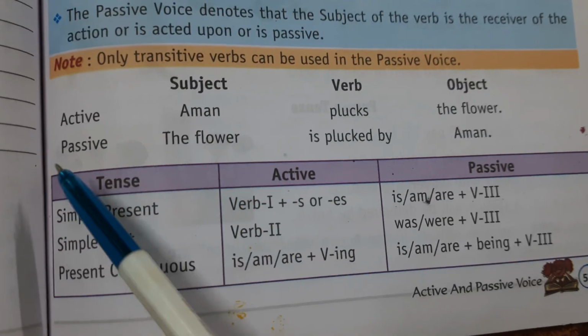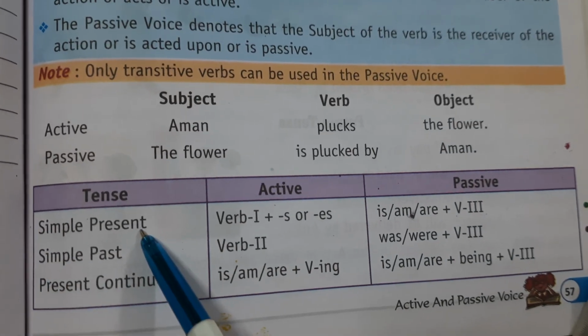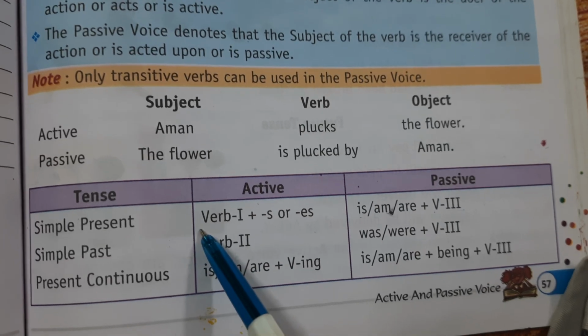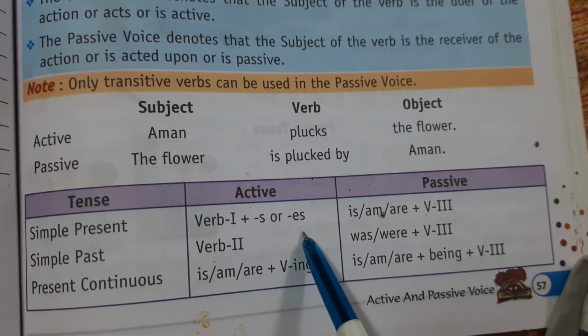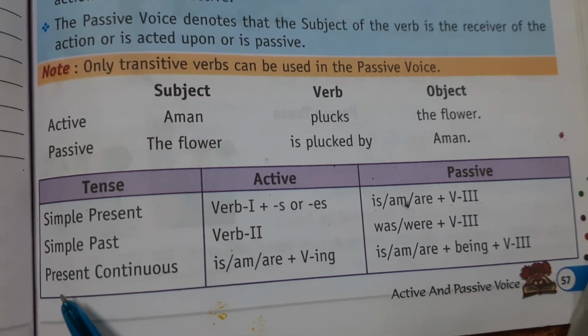Now look here. Tenses, active and passive. Simple present: the active verb is first form plus s or es. Simple past: verb second form.